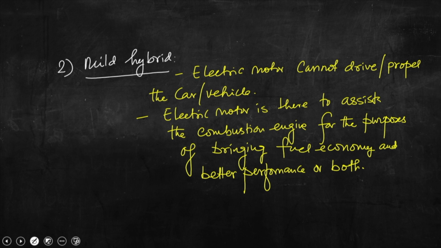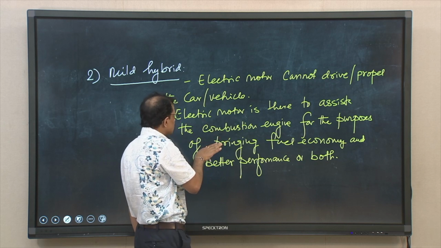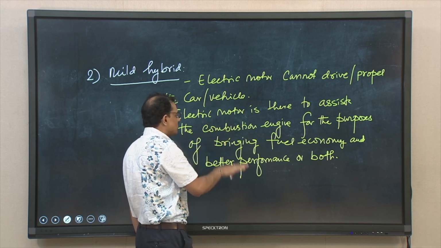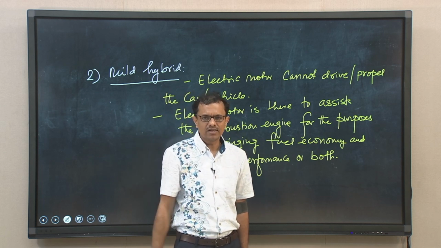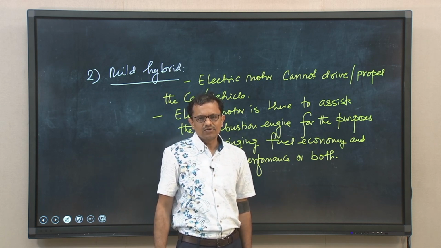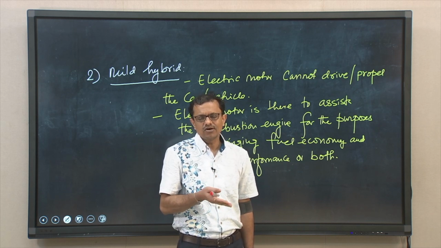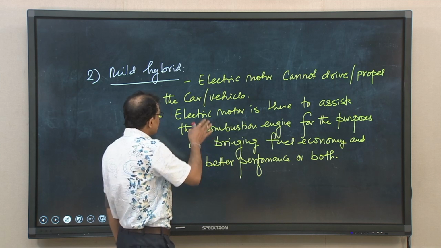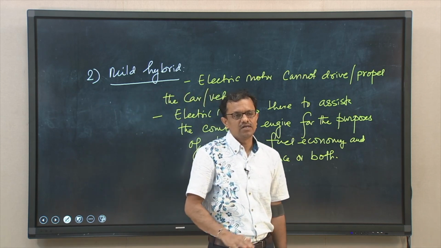Now, because this is hybrid, the electric motor is there to assist the combustion engine for the purposes of bringing fuel economy and also better performance, to reduce emissions, all these things. But the electric motor can assist the combustion engine, and the presence of the electric motor will also ensure a smooth start and stop arrangement.